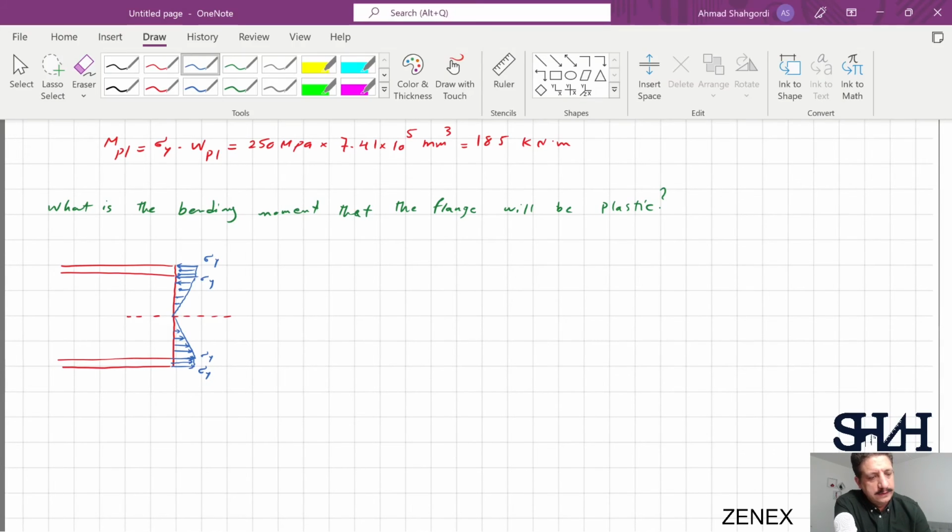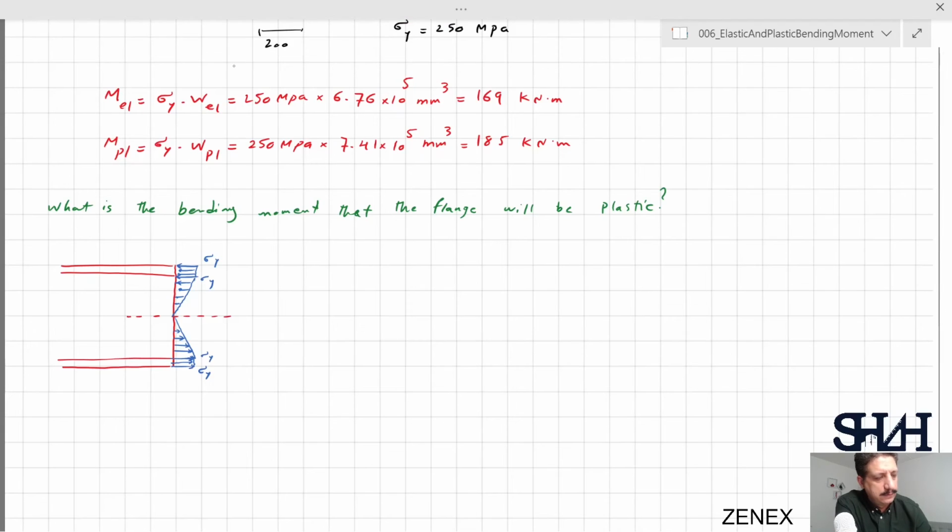It is easier if we have the distances clearly from the side. So 12 millimeter, and it was 128 millimeter, total 140. So I would prefer to sketch the flange as a separate entity.